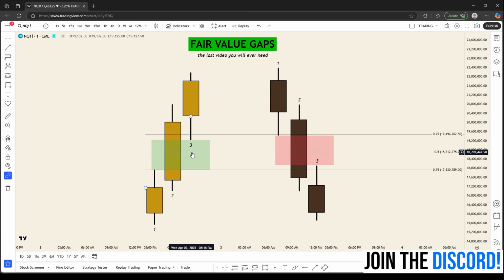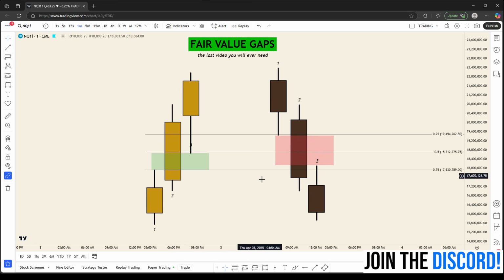If neither of the wicks pierce the halfway point, then you are going to mark the fair value gap from the volume imbalances like so. If you try to draw that Fibonacci like this, but one of the wicks pierce the halfway point, then you're going to mark the fair value gap wick to wick, and you're not going to include the volume imbalances.